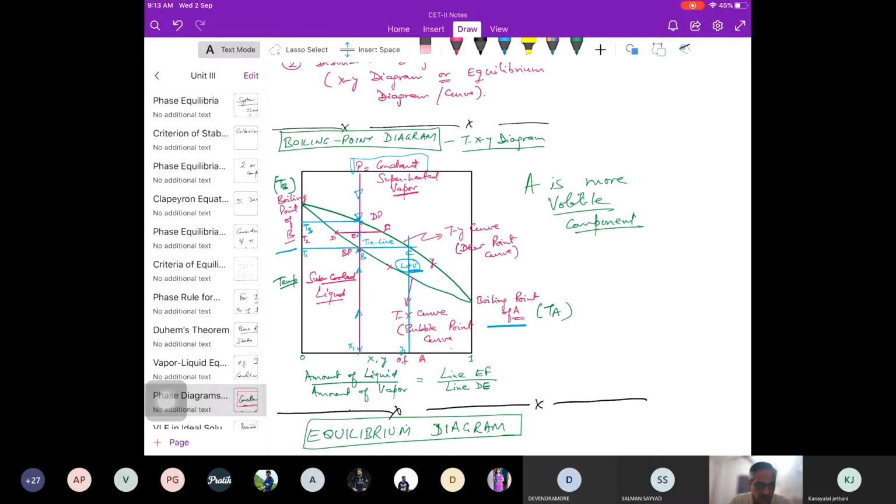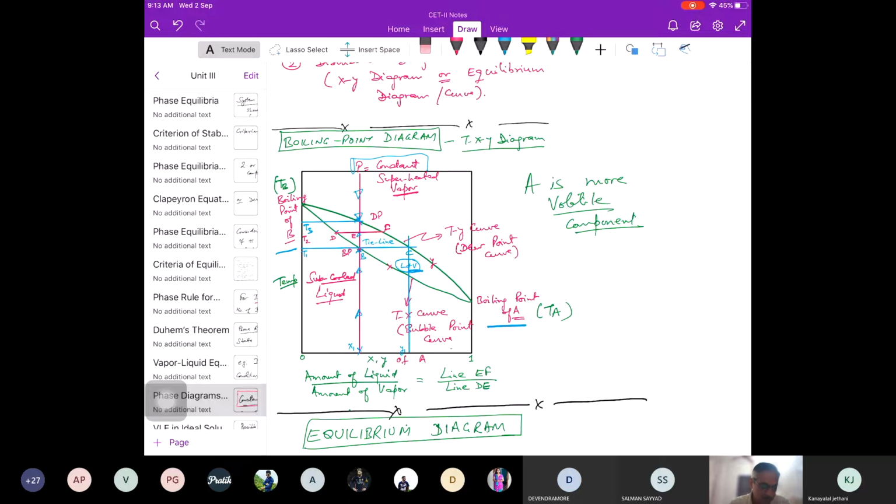More volatile component क्या रहता है? लो बॉइलिंग पॉइंट। जिसका बॉइलिंग पॉइंट कम है उसका मोल फ्रैक्शन प्लॉट कर रहे हैं, और वो x और y, x is for liquid phase and y is for the vapor phase. तो x एक्सिस पर मोल फ्रैक्शन है of more boiling component, y एक्सिस पर टेम्परेचर है.